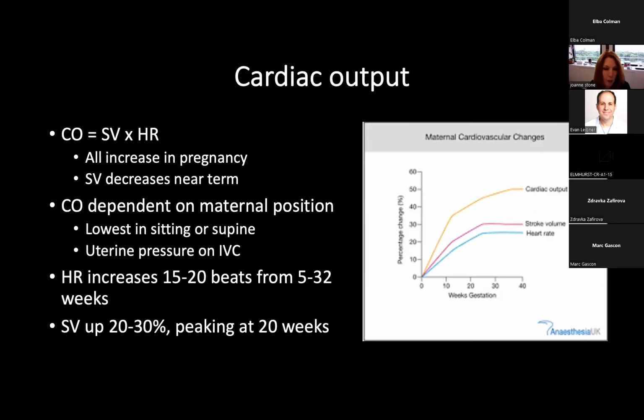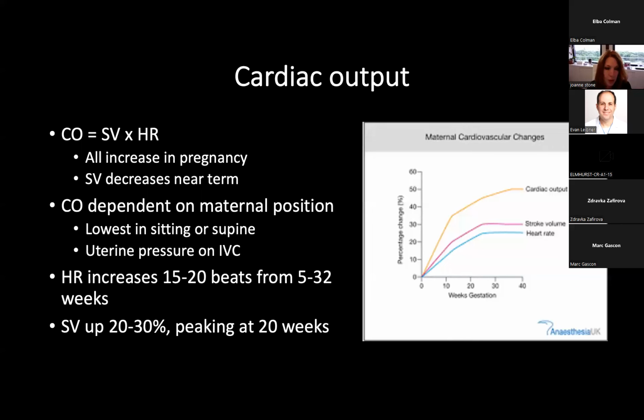So I know I don't have to remind you of the equation for cardiac output, but I always have to remind myself. Stroke volume and heart rate all increase in pregnancy, leading to an increase in the cardiac output. The stroke volume tends to start to decrease near term, and the cardiac output is dependent on maternal position.